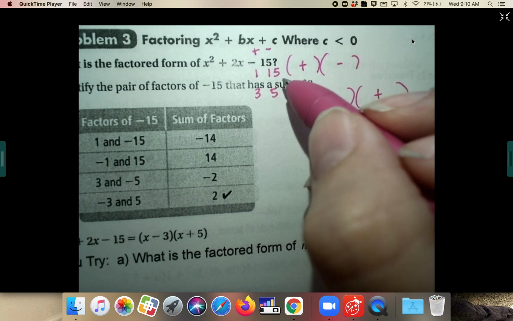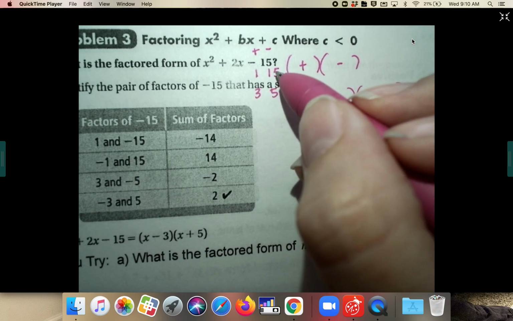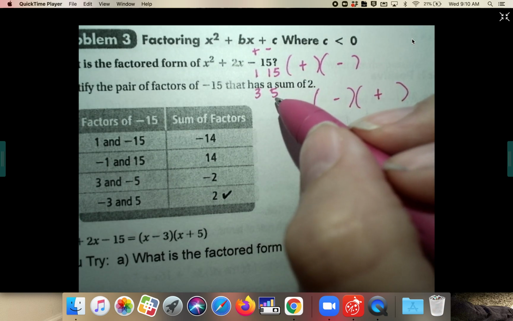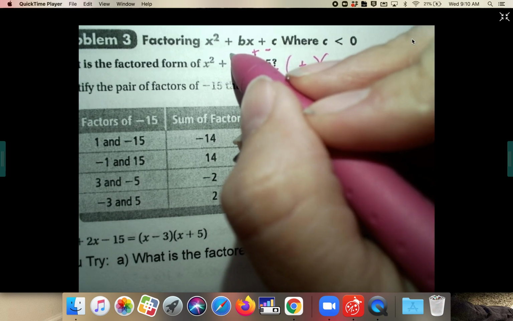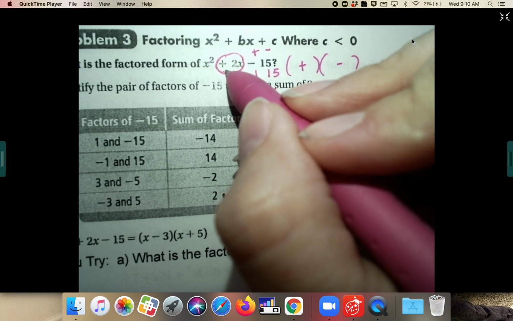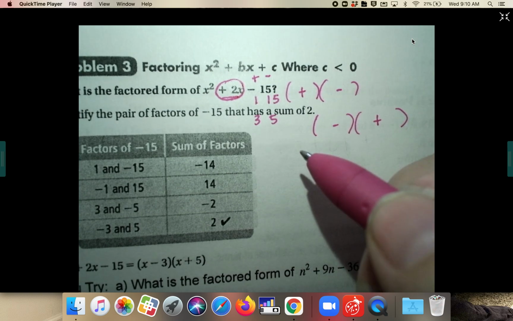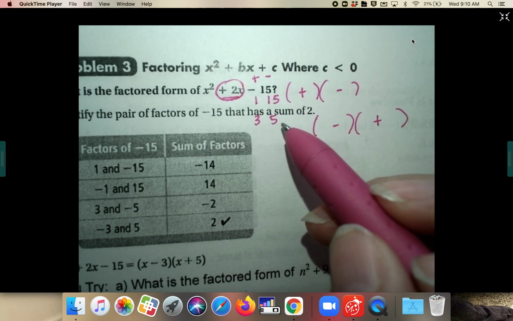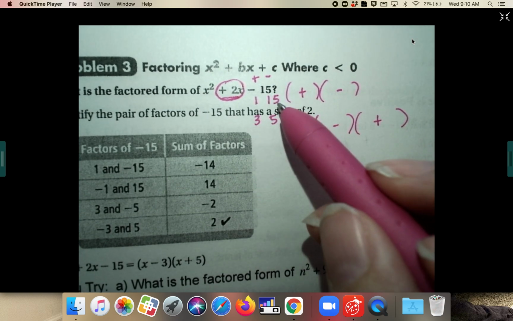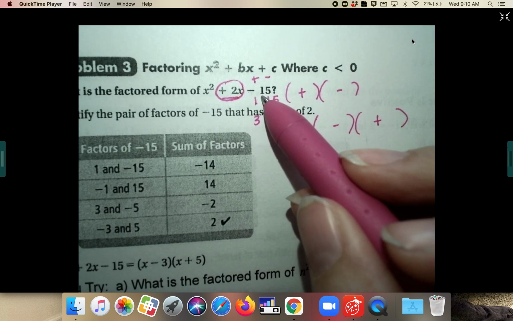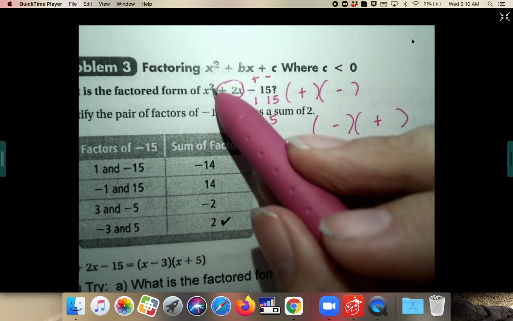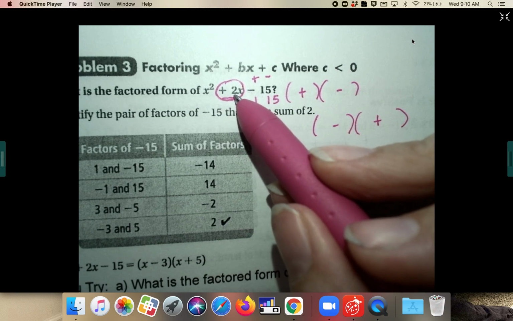And I need one to be negative and one to be positive, and it could be either way. But when I add them, I need it to be positive 2. So I need to come up with two numbers that when I multiply them, I get negative 15, and when I add them, I get positive 2.